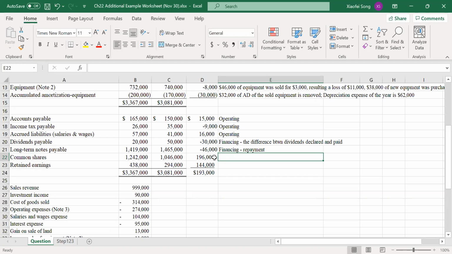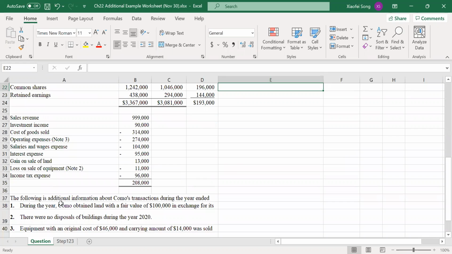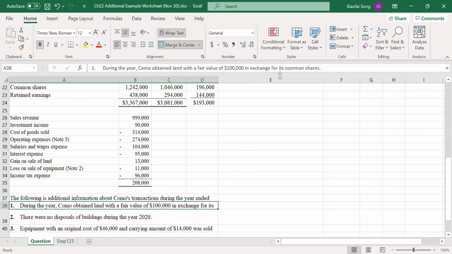And the second last one is common shares that increased 196,000. I think there is something about here. Yes, there are at least two transactions here because the additional information item 1 said that during the year, Como obtained land with a fair value of $100,000 in exchange for its common shares.